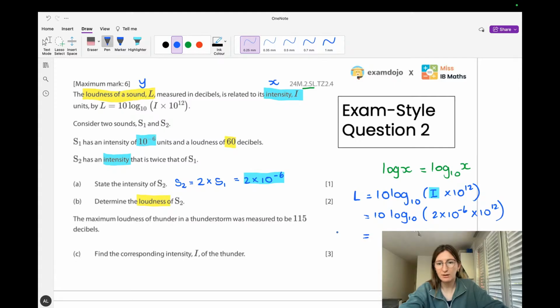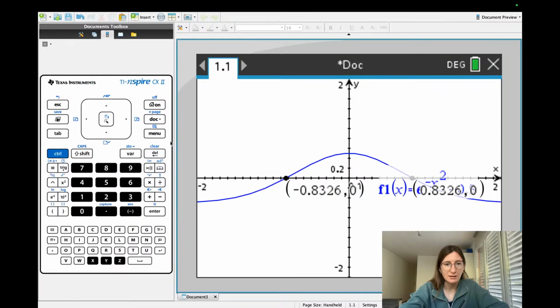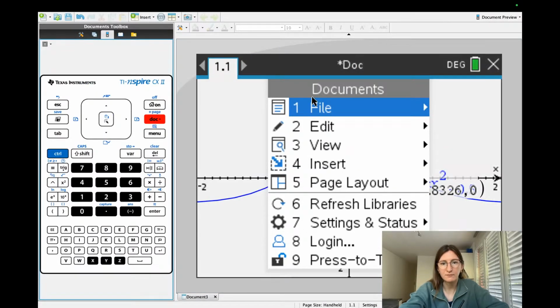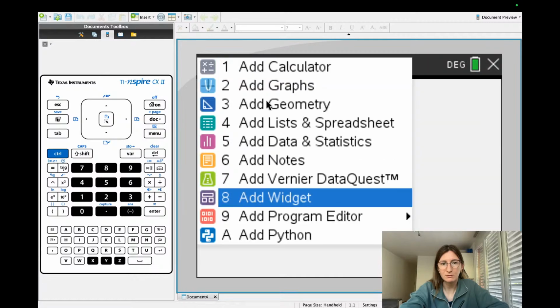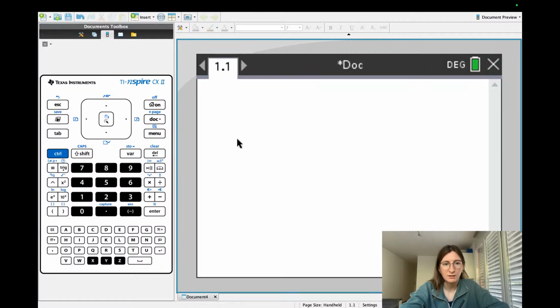So let's put that all in on our calculator, although you might have seen 10 to the minus 6 times 10 to the 12 is 10 to the 6, because our exponent law is minus 6 plus 12 gives us 10 to the power of 6. So 10 log 10, let's open up a new document. I wish there was a quicker button for that. I mean, there's Control N, but you still have to do the whole save thing.